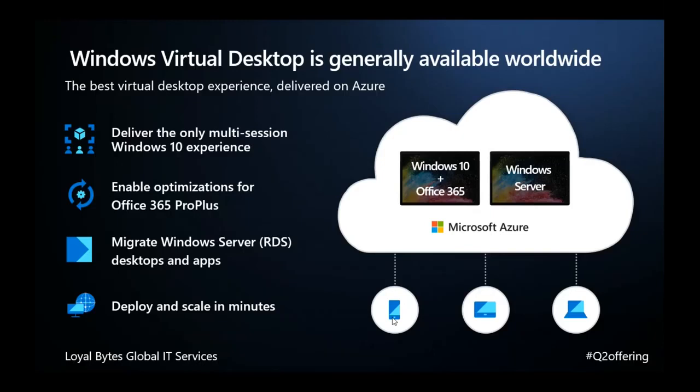Well, basically, let me just talk about the WVD first. It is again a cloud-based hosted service that is offered by Microsoft in comparison to your regular RDS server. That's your terminal services. But the beauty about this WVD is actually leveraging the client-based services.